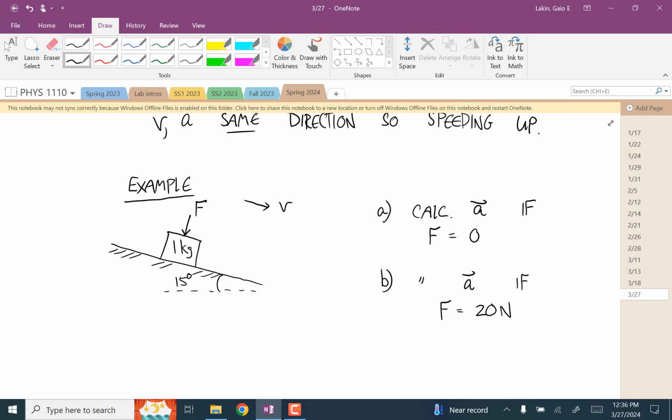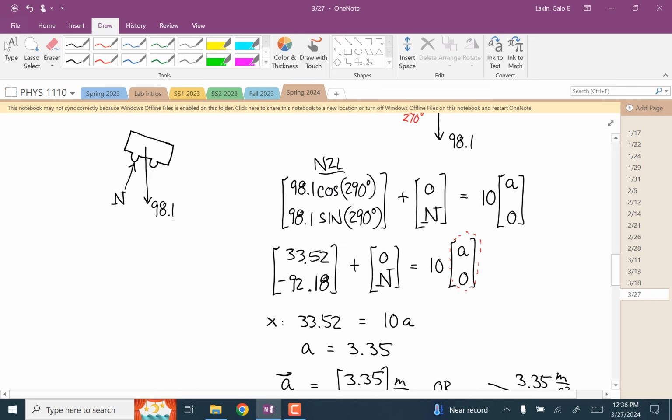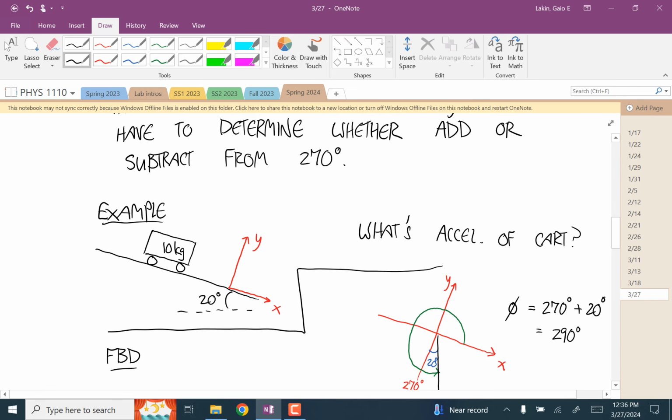Anybody have any thoughts on whether this is going to affect the acceleration or not? I mean, that force is opposite the direction of the acceleration. So you might think, no, it won't. If it was a problem like this one, where there's no friction, and we applied a force perpendicular to the surface, it wouldn't have any effect on the acceleration.